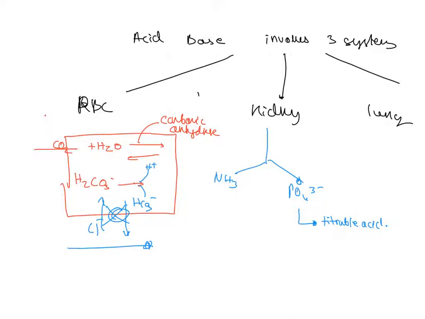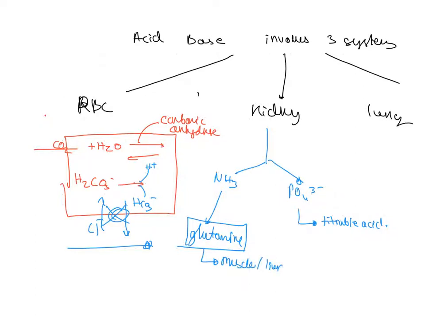Coming back to the next system, we have the kidney. The kidney involves the ammonia and phosphate. Where is ammonia coming from? An amino acid called glutamine. Where does glutamine come from? Muscle and liver.